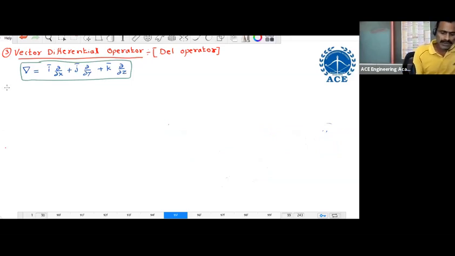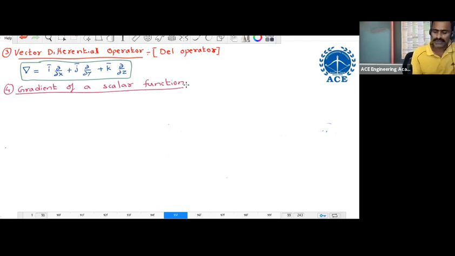Next, its continuation. Fourth one: gradient of a scalar function.